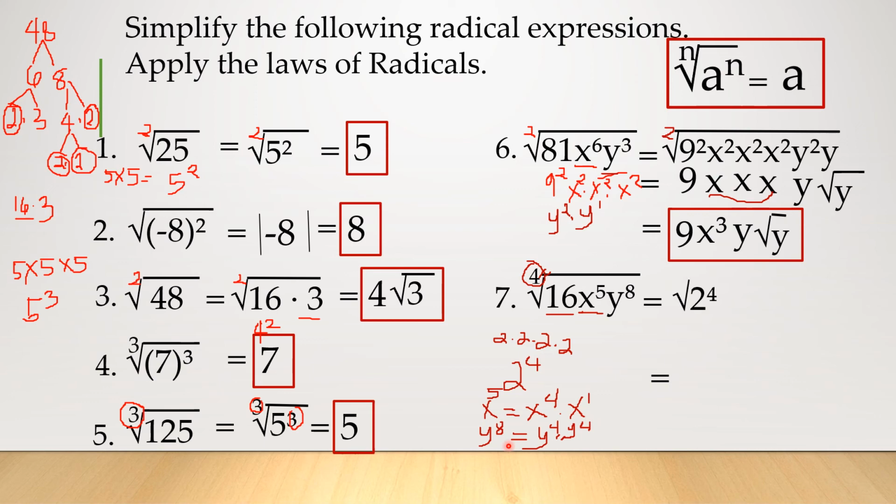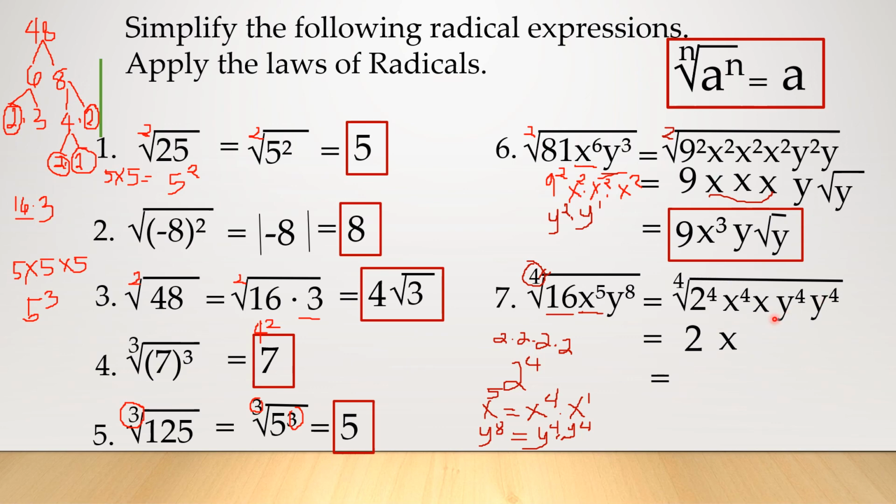Therefore, I can rewrite this as 2 to the 4th, x to the 4th times x, and y to the 4th times y to the 4th. The index here is 4. Now, you can simplify. Applying this law, the index and the exponent are the same, therefore the answer is 2. The 4th root of x to the 4th is x.